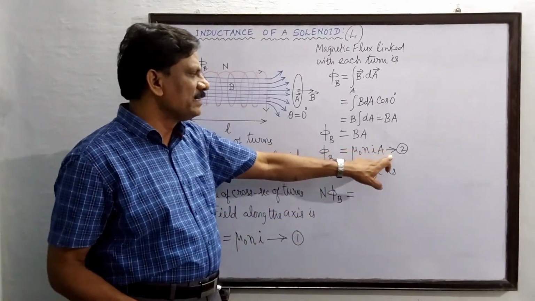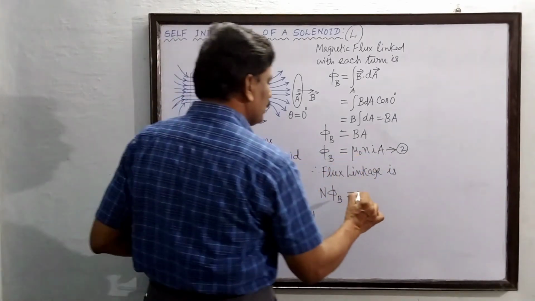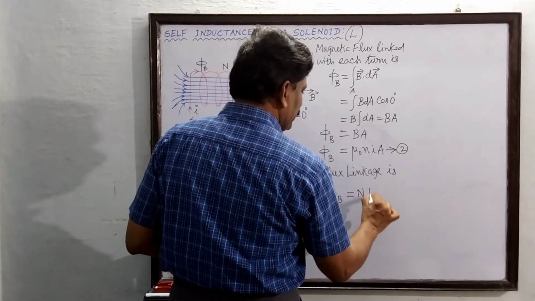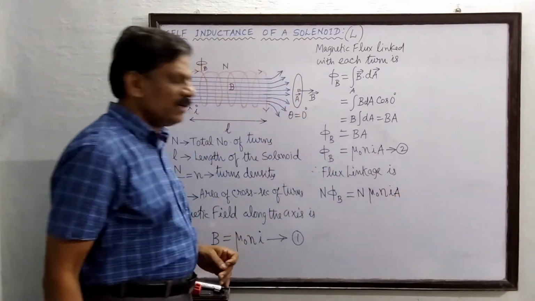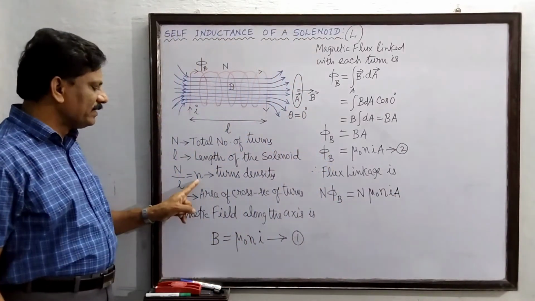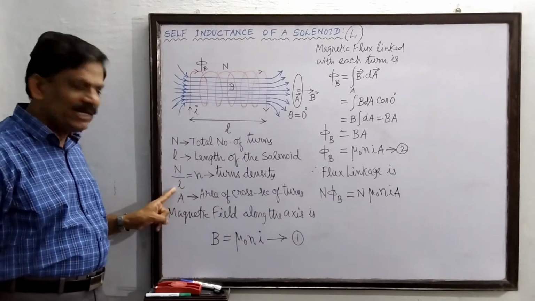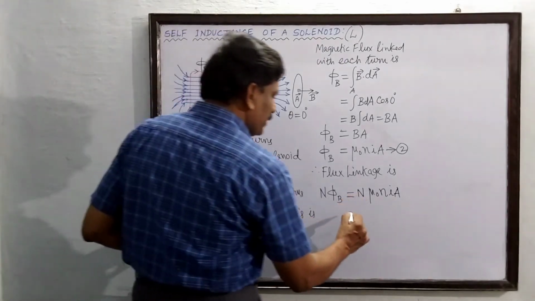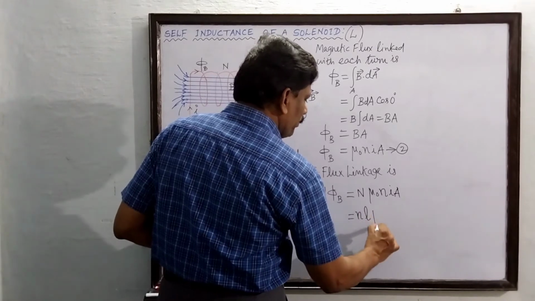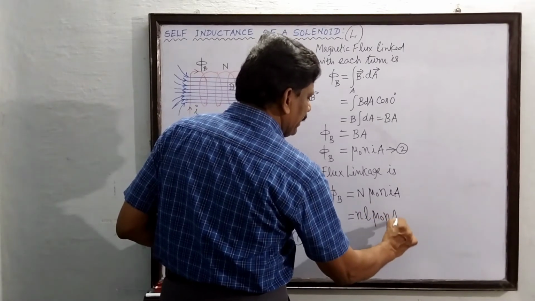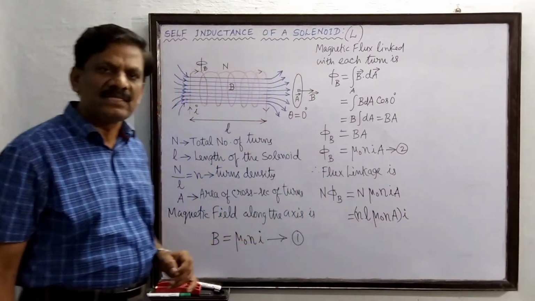So I am going to multiply equation 2 by capital N. So this is equal to capital N into mu naught into small n I into A. But you can see here that N by L is equal to small n. Therefore, I can write that capital N is equal to small n into L. I am going to substitute. This is now equal to small n into L into mu naught n A, and then I will write I separately here, the current flowing through the solenoid.